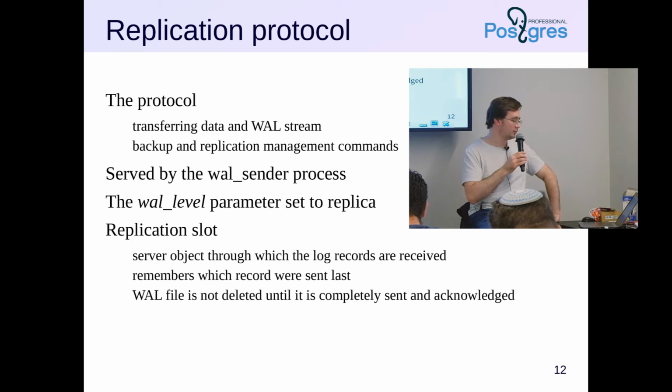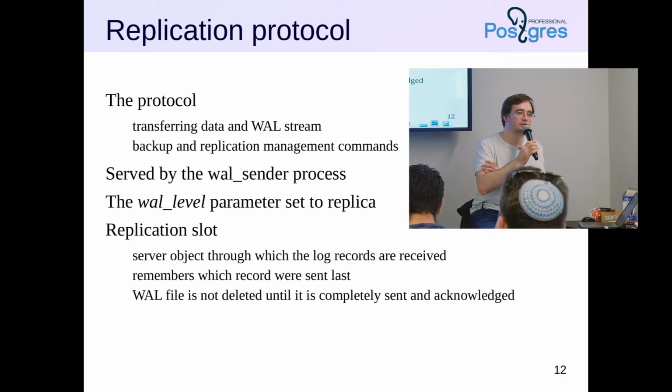And pg_basebackup uses this protocol. When some utility connects with the replication protocol, the server starts a special WAL sender process, which returns all necessary information to the client. The wal_level parameter must be set to replica for this to work.